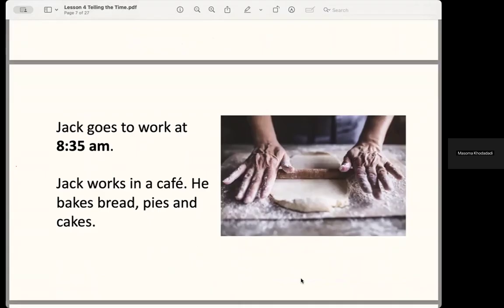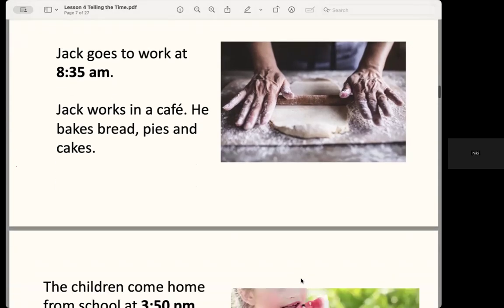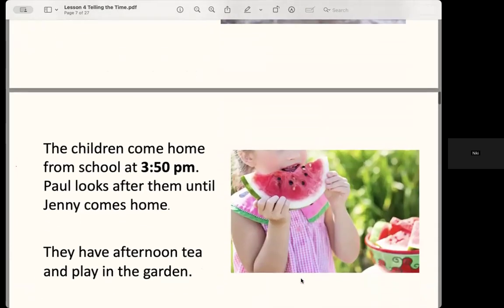Okay, Masoma, are you here? Yes, ma'am. Okay, can you read this? From the first line. Jack goes to work at 8:35 a.m. Jack works in a cafe. He bakes bread, pies, and cakes. Good reading. Thank you. Okay, Hassana Rosoli.